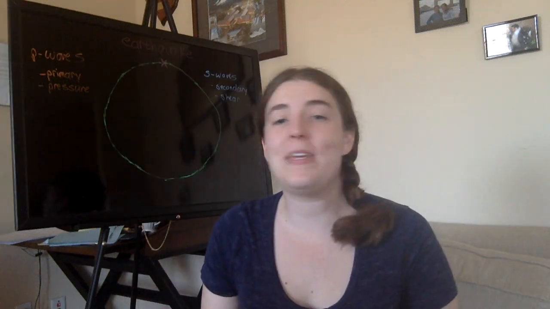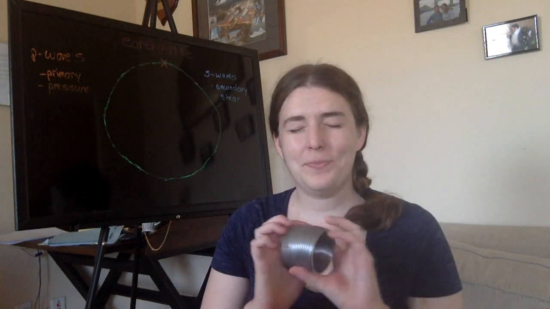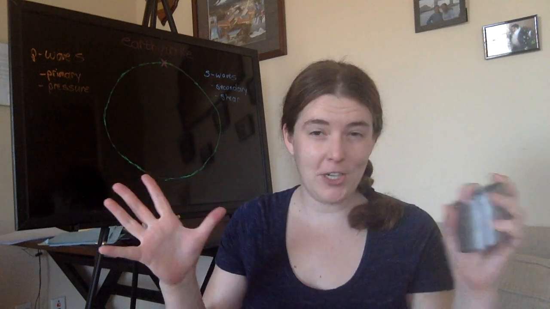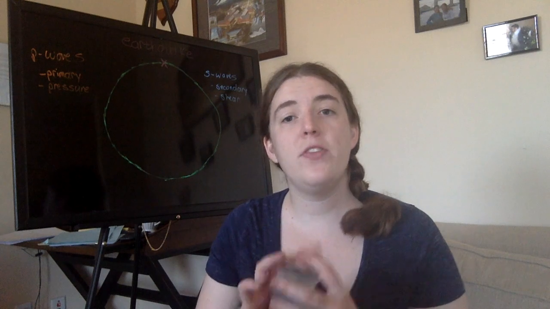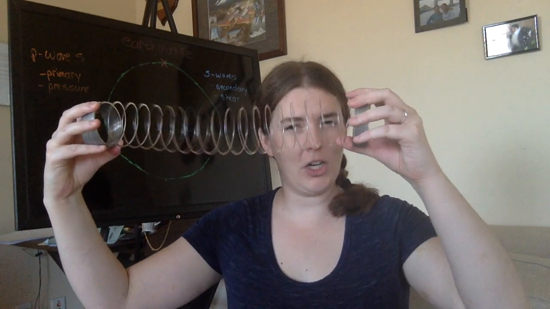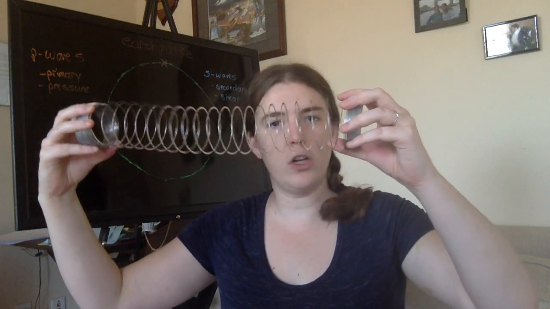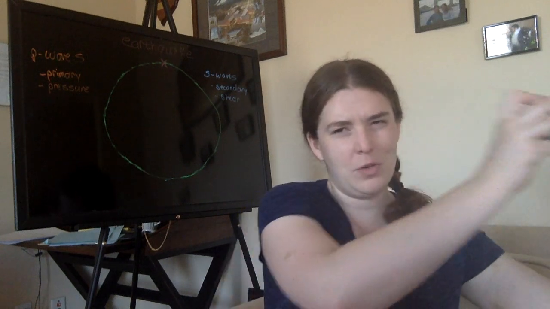Let's talk about what a P wave is. And to do that, I have this slinky. So when an earthquake happens, P waves are sent out first. That's why they're called primary waves. And then the way they work is if this is the Earth, the energy of the earthquake compresses the Earth and then it expands back out.